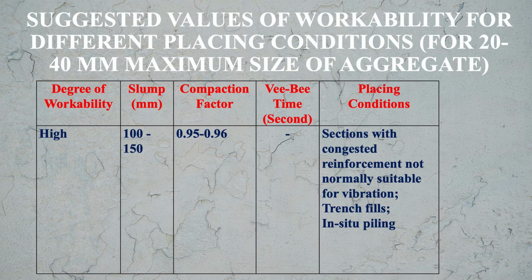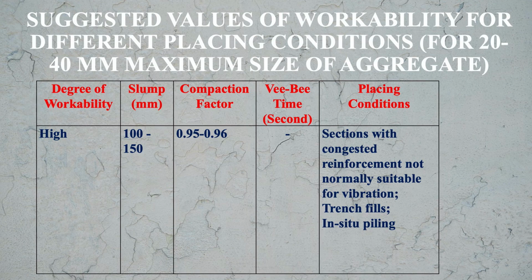Next is high workability concrete mix. High workability concrete mix will show a slump of 100 to 150 mm and a compaction factor between 0.92 to 0.96.